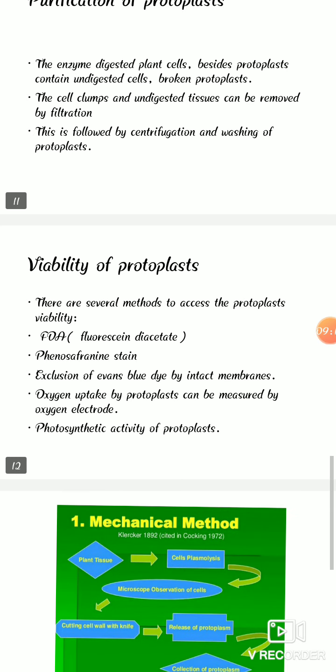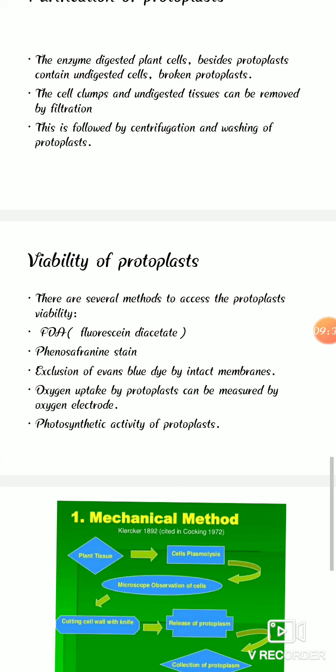Okay, so exclusion of Evans blue dye by intact membrane. Oxygen uptake by protoplast can be measured by oxygen electrode, and also photosynthetic activity of protoplast can be measured. There is one more method, measurement of cell wall formation, that is CFW, Calcofluor White stain, which binds to the newly formed cell wall and emits fluorescence.